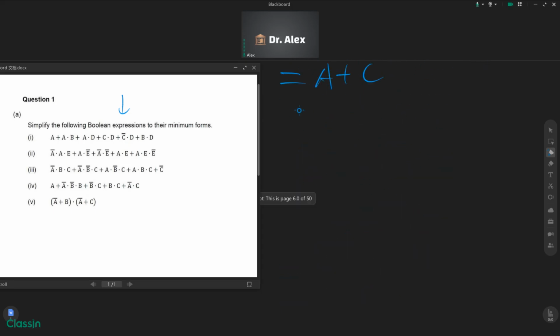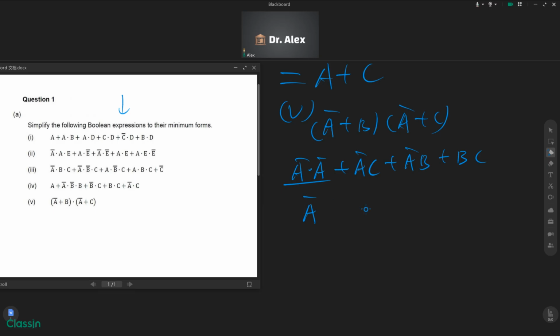Finally, let's move on to the last equation, which is not A or B, and not A or C. We just do multiplication and remove the parentheses, which is A or A plus not A C and plus not A B and plus B C. This one is not A, and this is AC, and this is not AB and BC.